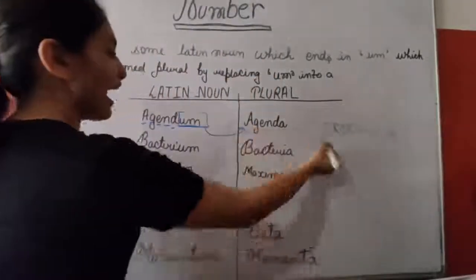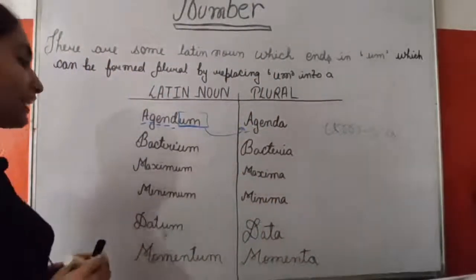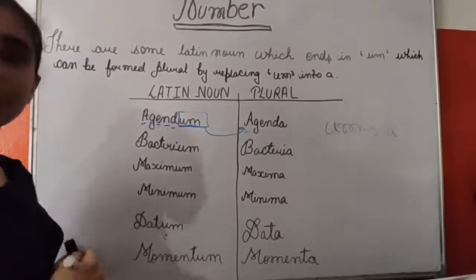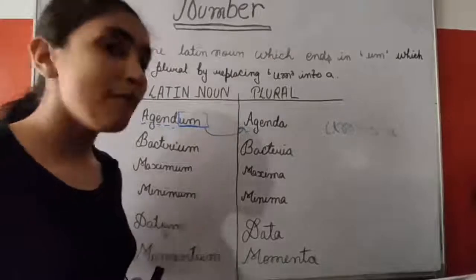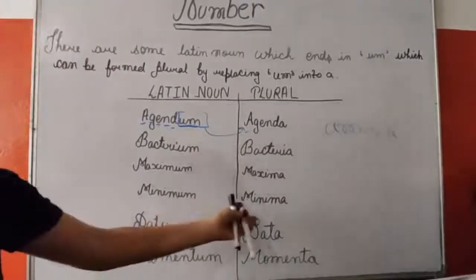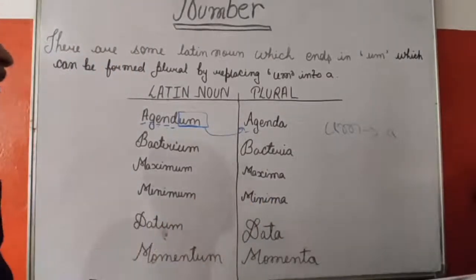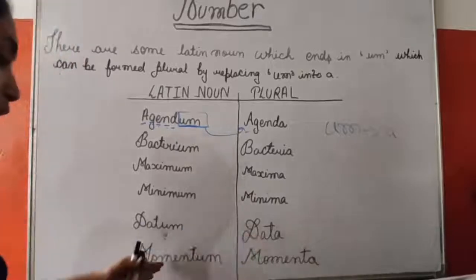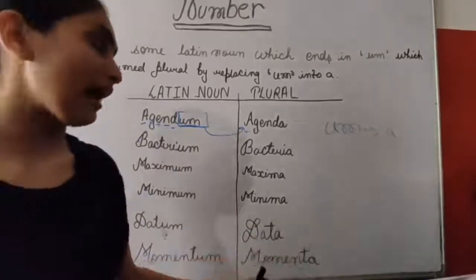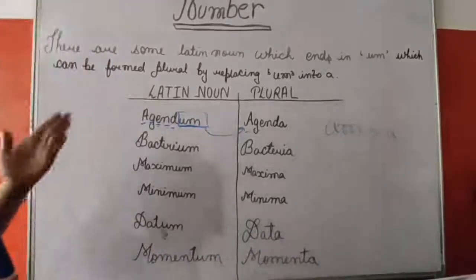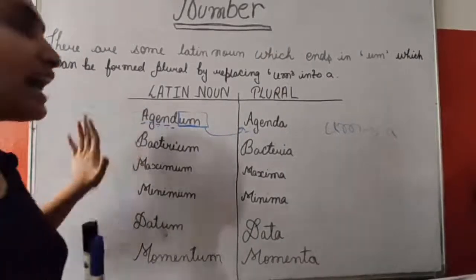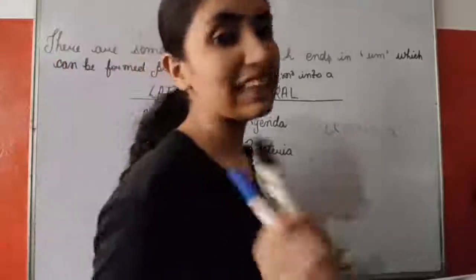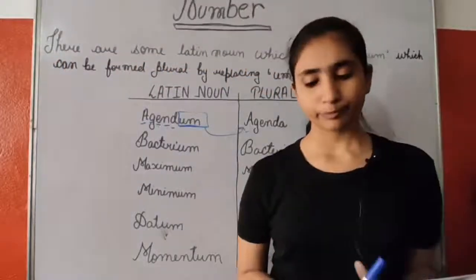So it will become agenda. Same like that, bacterium will become bacteria. Maximum will become maxima, minimum will become minima, datum will become data, and momentum will become momenta. These are some Latin nouns which end in um and are formed plural by replacing um with a.